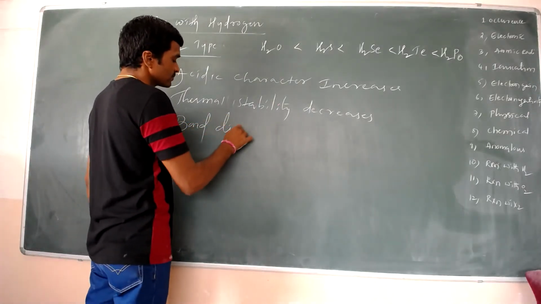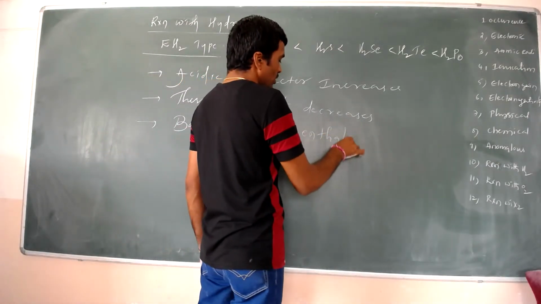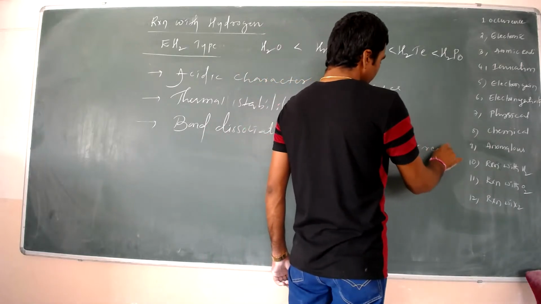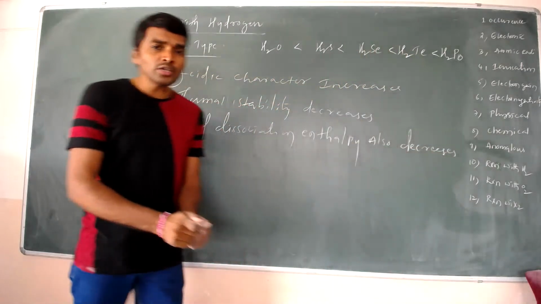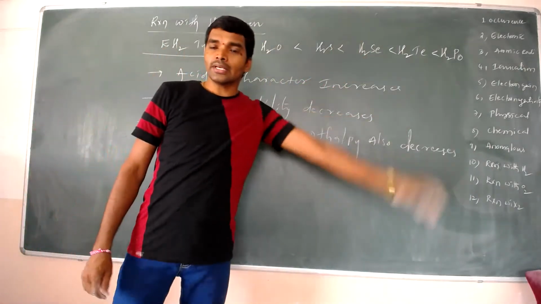Bond dissociation enthalpy decreasing means acidity increases down the group. That point you remember.